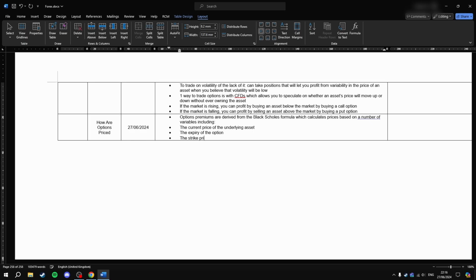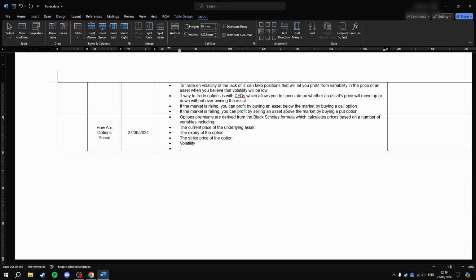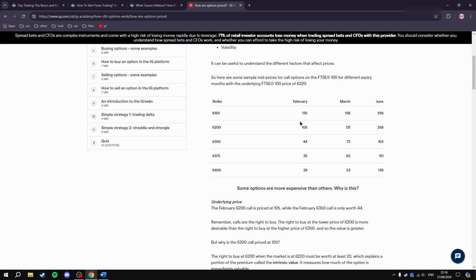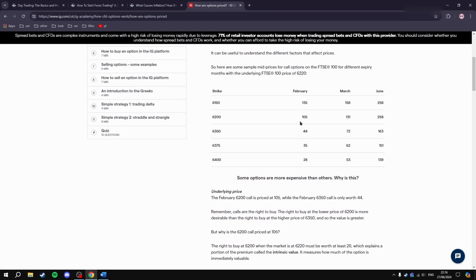The strike price of the option and the volatility can be useful to understand the different factors that affect prices.